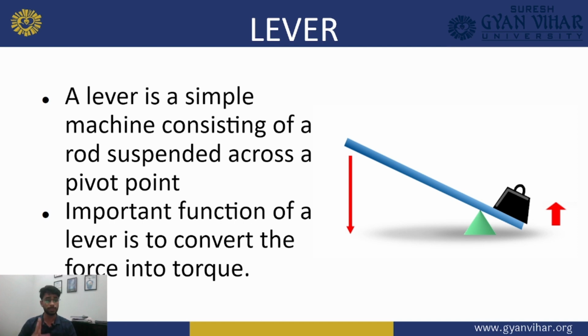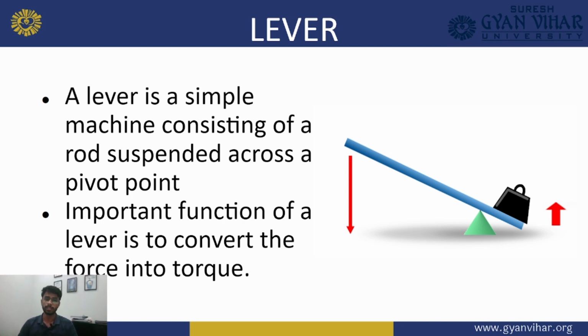Students, please remember that one of the most important functions of a lever is to convert force into torque. There is a difference between force and torque. Whenever we talk about angular motion, the force is acting upon an object at an angle. Whenever a force acts upon an object at an angle, we describe that force using the term torque.